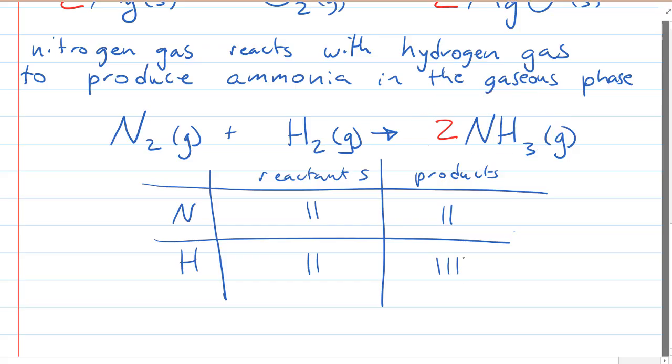So we put in 1, 2, 3, 4, 5, 6. It looks like our nitrogens are now balanced. We want to come back and balance the hydrogens. What do we need to put in front of the H2? 3. We put that in there. That changes it, so we have a total of 6 here on the left. So this is another way you can keep track of them, is just to tally them up and make sure the reactant and product side have the same number of atoms on each side.